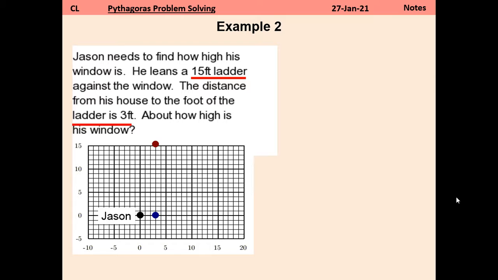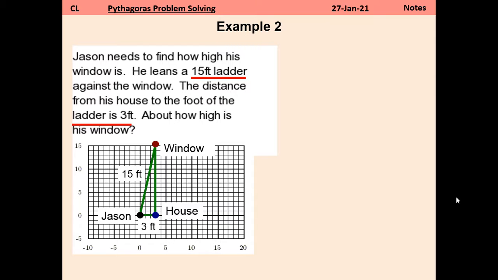So Jason, first of all, he leans a ladder against the window. And then it says the distance from his house to the foot of the ladder is 3 feet. So from the house to where Jason is, about 3 feet. And from the house to the window, we don't know exactly what the length is. But it's given us that he leans a 15 feet ladder against the window.